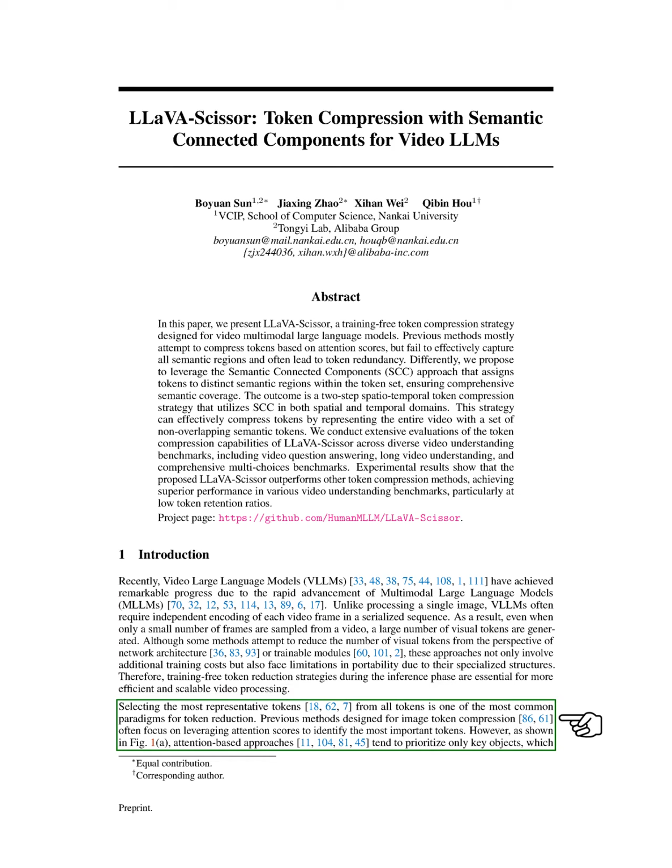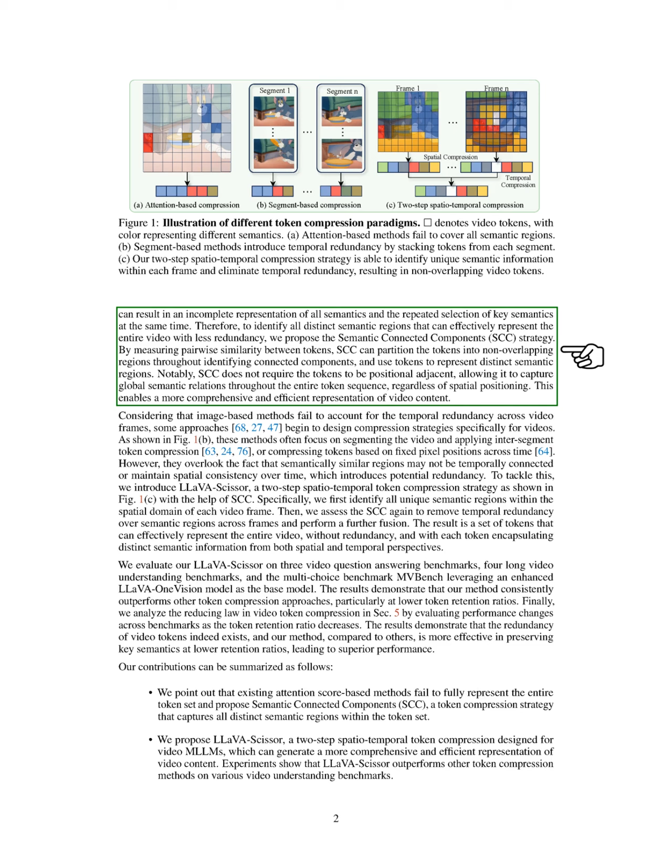One common approach for reducing tokens is selecting the most representative ones. Previous methods for image token compression typically use attention scores to find important tokens. However, these attention-based methods often focus only on key objects, which can lead to missing out on a complete representation of the video's semantics and repeating key elements.